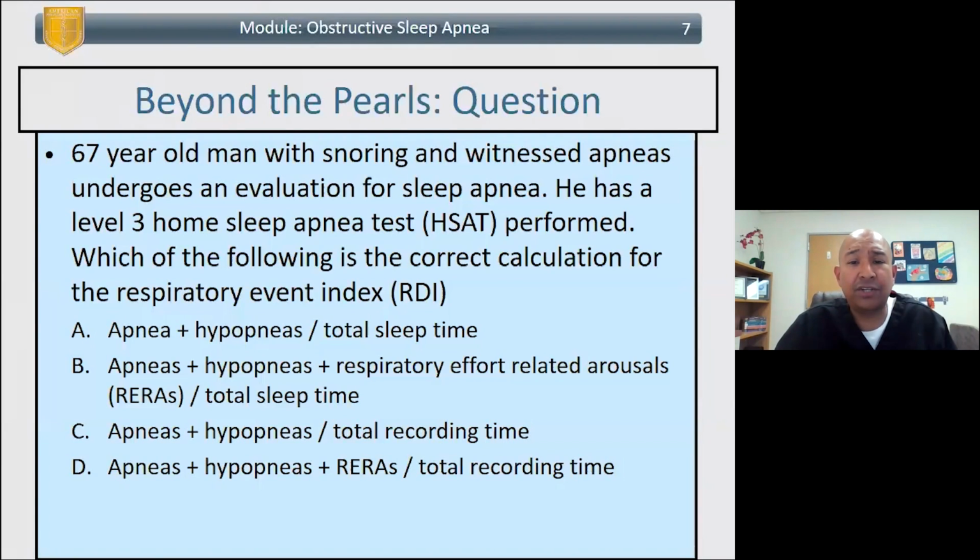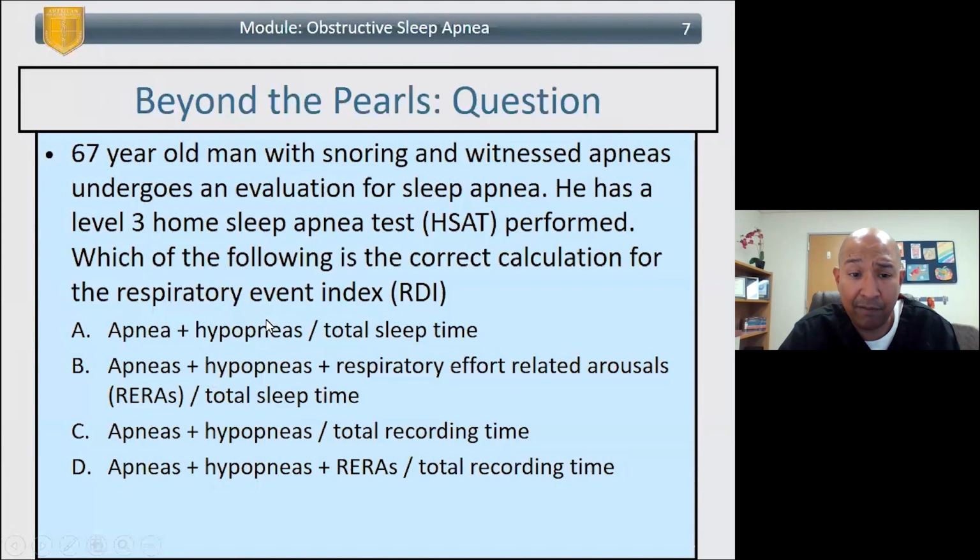And they give you a bunch. So what do you have to do here? You have to memorize. You have to know what's an HSAT versus what happens when you do an in-lab polysomnography, PSG.